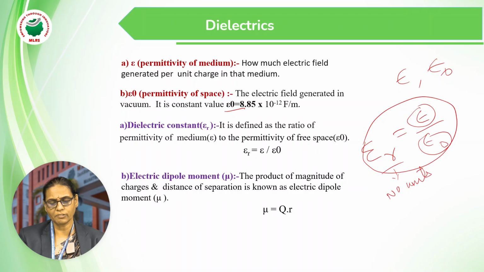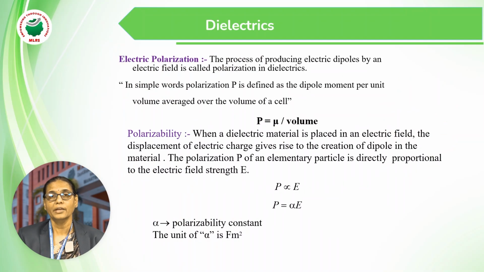Now, next, the dipole moment is completed. Next, let us define the other important term, that is polarization or electric polarization. Now, what is meant by polarization? Polarization means we are applying an electric field on the atom, then automatically the charge carriers are moving. That means there is a separation created between the charge carriers.